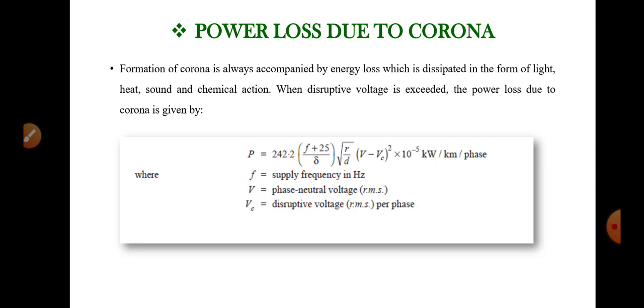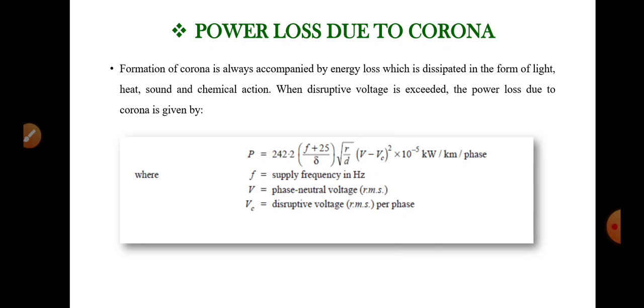Next, power loss due to corona. Corona will cause power losses in transmission line. So power loss is given by the equation 242.2 by delta into f plus 25 into root of r by d into (v minus Vc) the whole square into 10 raised to minus 5 kilowatt per kilometer per phase.